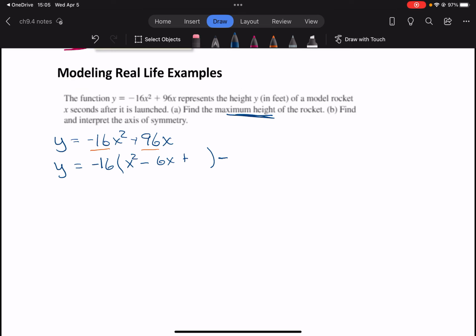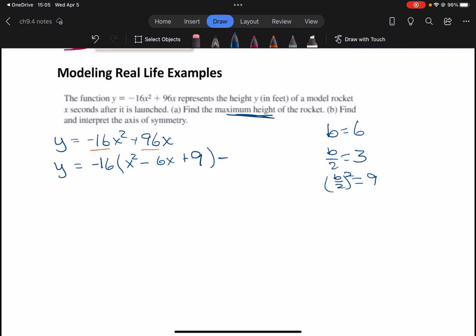So inside the parentheses, b is 6. So b over 2 is 3. b over 2 squared is 9. So I'm going to add 9.